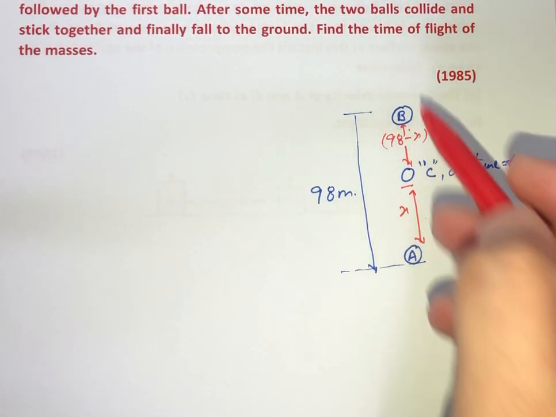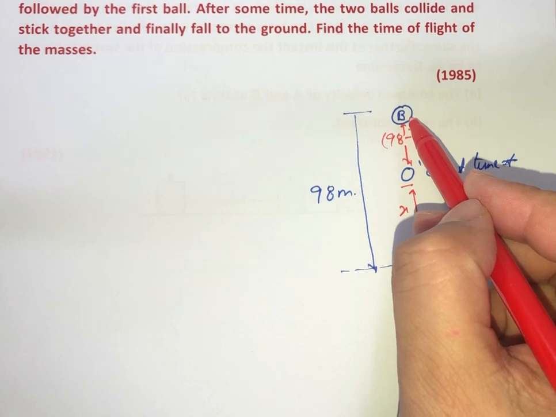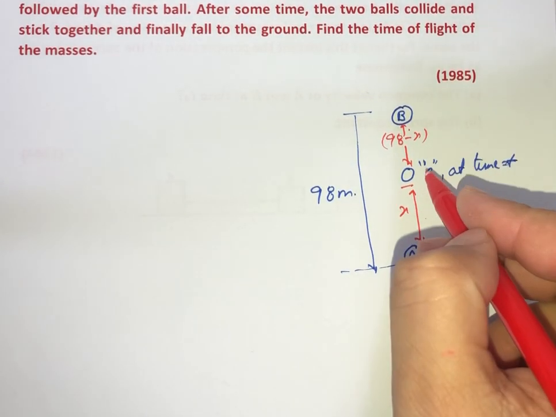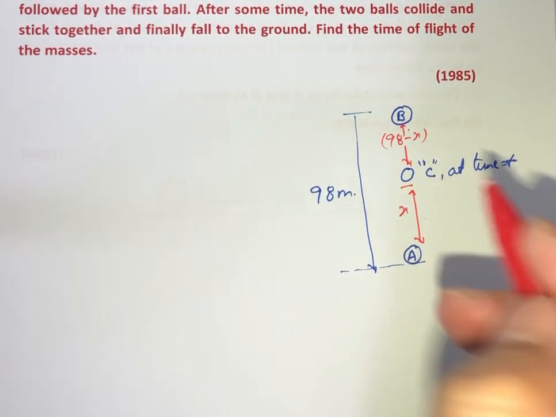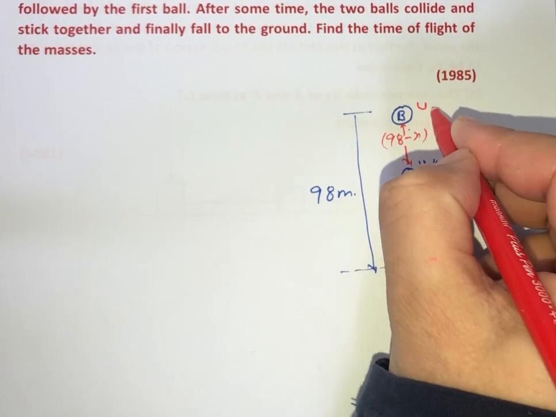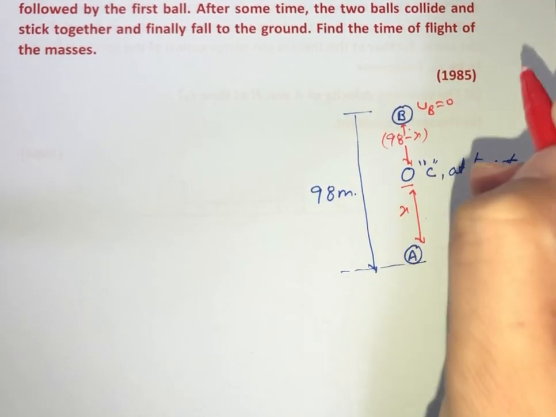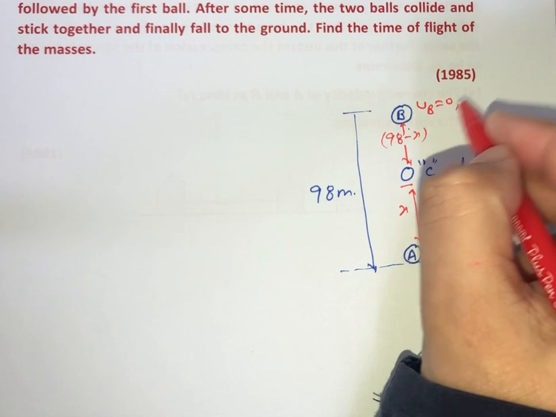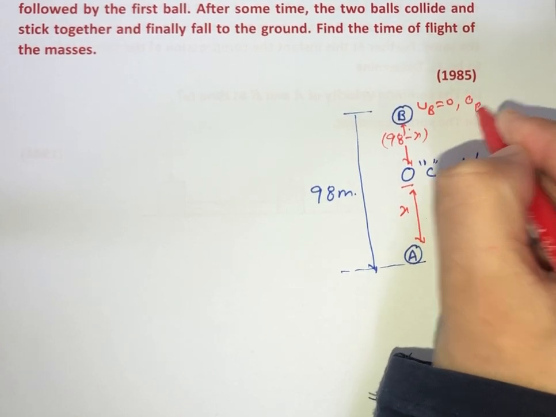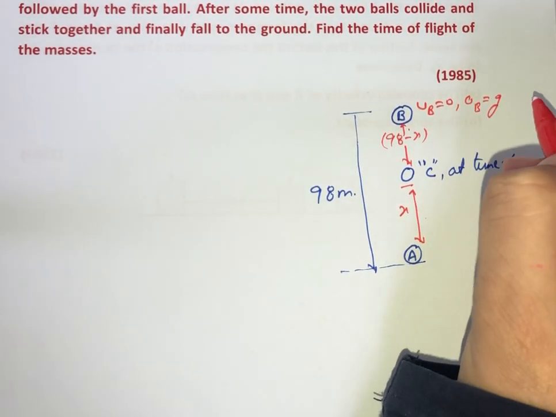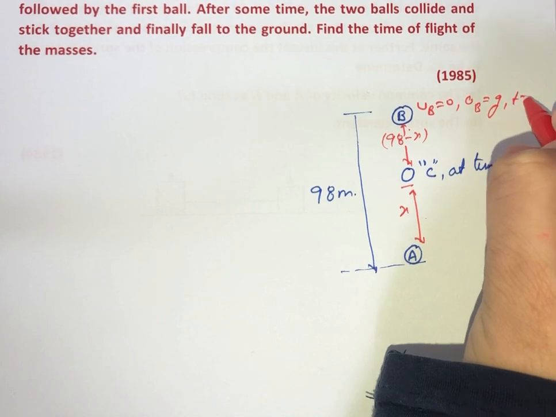And ball B is being dropped, so the initial velocity of ball B will be equal to 0, and the acceleration of ball B will be equal to g, at t equal to 0.